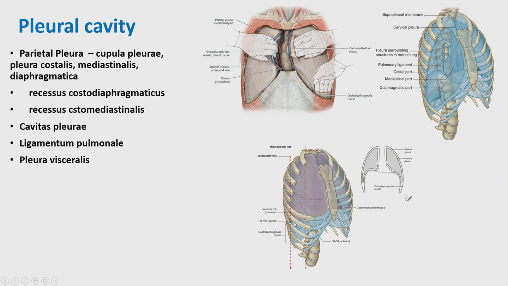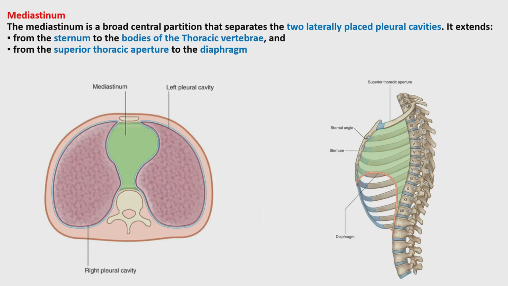This is extremely important because it's the deepest part of the pleural cavity; in the mid-axillary line, it reaches this level of the rib that you can see here in this region.